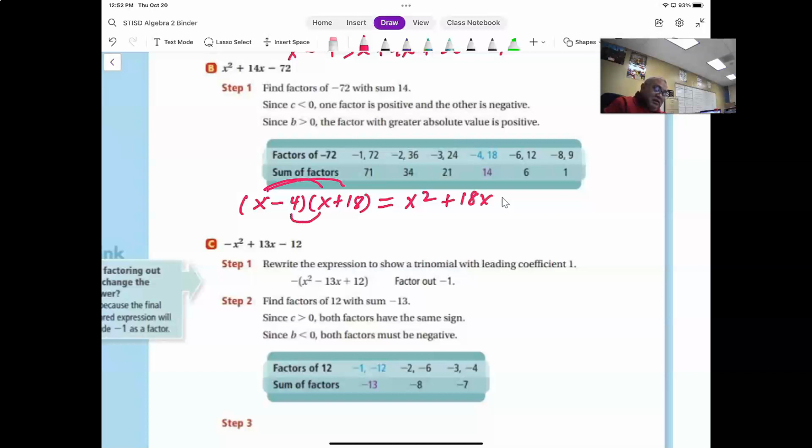Negative 4 times x gives you negative 4x. And then negative 4 times 18 gives you negative 72. Combine like terms, 18x minus 4x gives you x squared plus 14x minus 72. So it does give us the original.